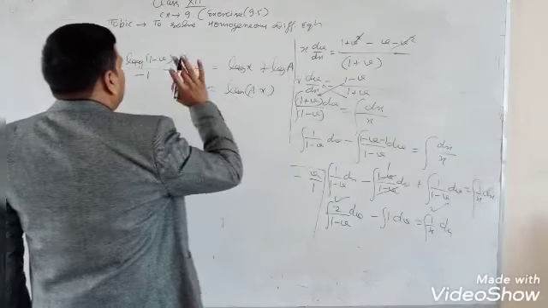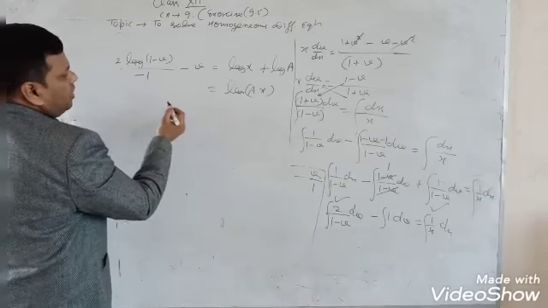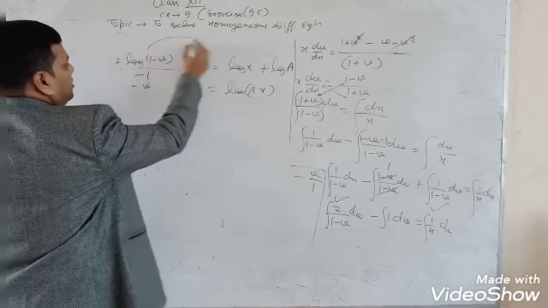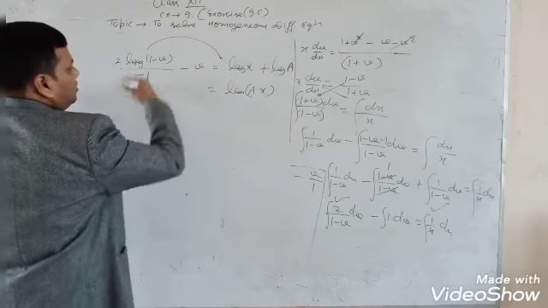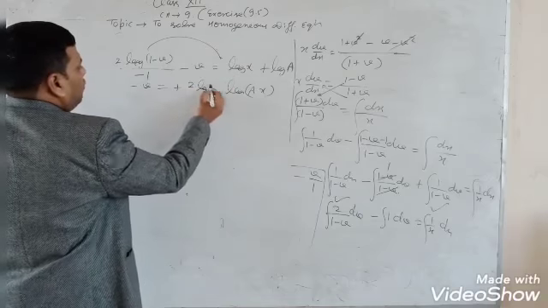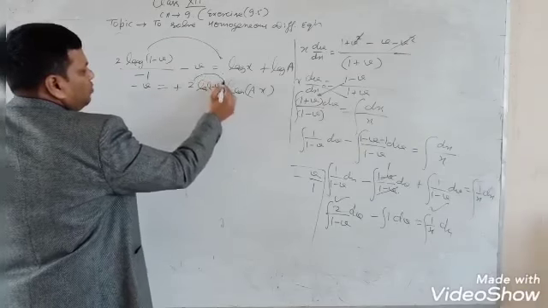I have taken this. Now what is that? We can do that here. Minus v is there, and take this in that direction, that is plus 2 log (1 minus v). Do you know that this will go there?